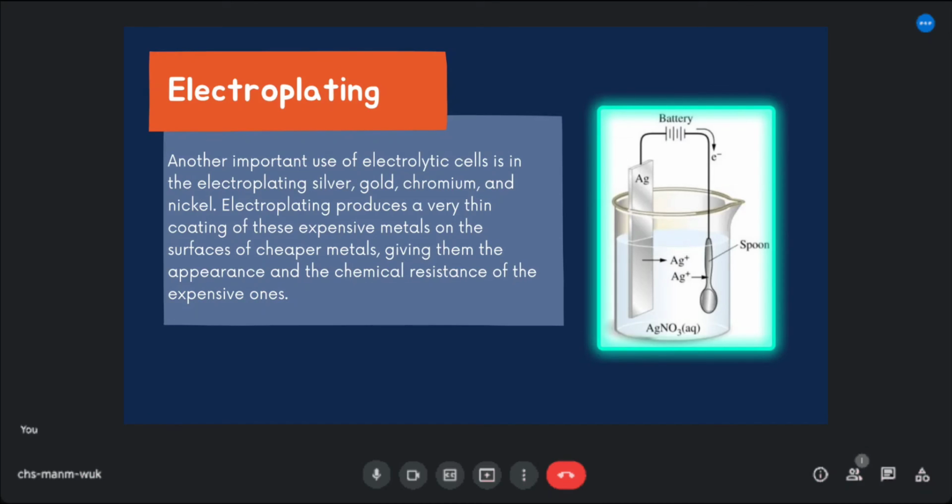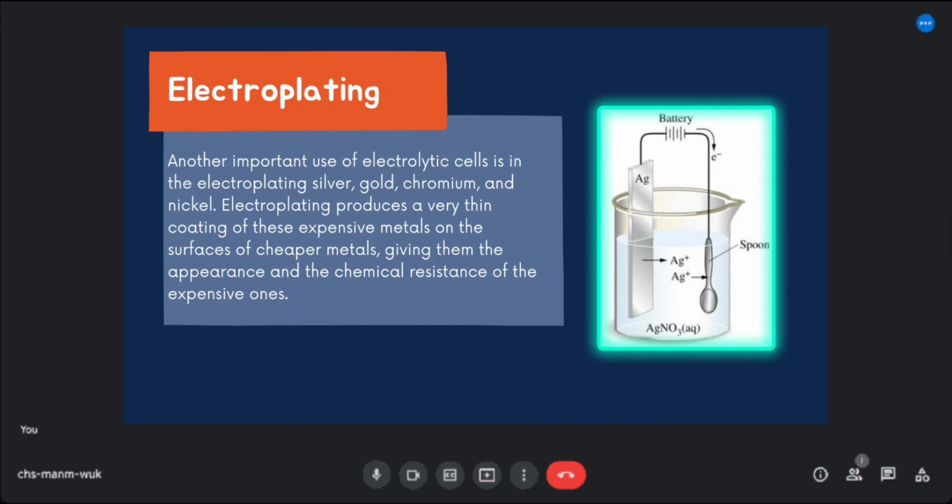This silver atom plates out a thin coating on the cathode, in this case, the spoon. At the anode, silver atoms give up electrons and become silver ions in the electrolyte. Silver cycles, therefore, from the anode to the electrolyte to the cathode where it is plated out.